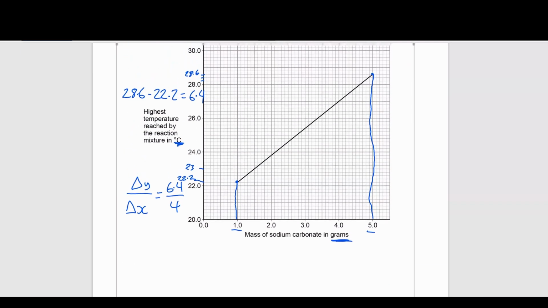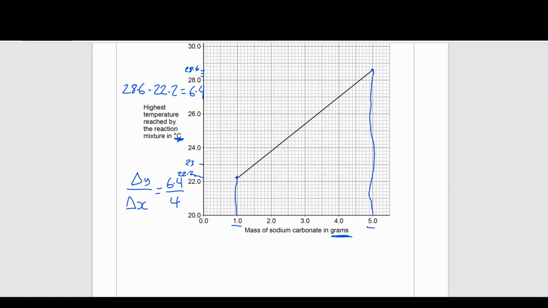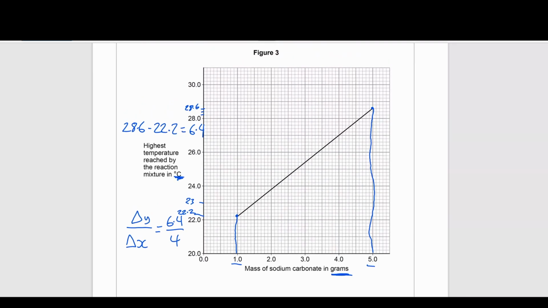So going back to our graph now, we need to find out what the temperature will be when this line hits our y-axis. So we would need to get a straight line going down to our y-axis.